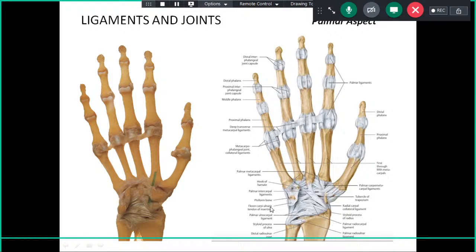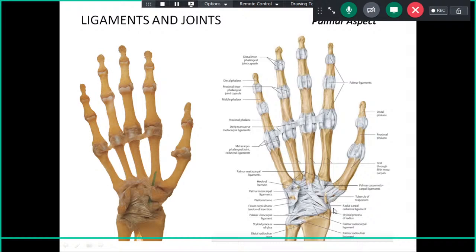There is no fixed name about how the ligaments are going to be around the intercarpal joints, the midcarpal. They are named according to how they are positioned, from the radius to the, from the triquetrum to the capitate and all those. Appreciate here that these are all the palmar intercarpal ligaments.